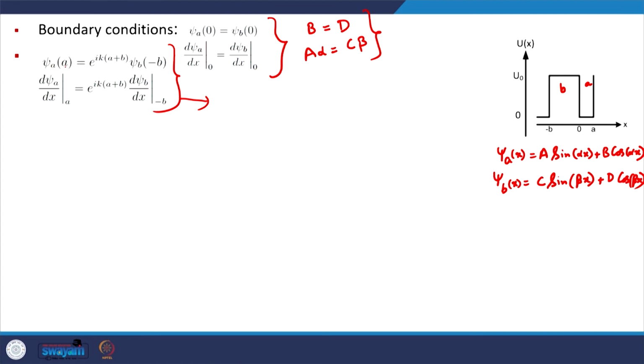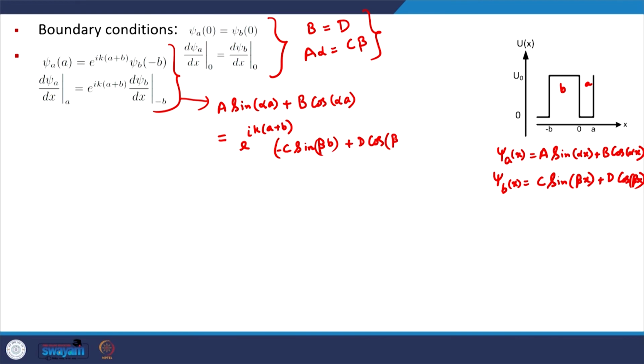If we use psi a at x equal to a, it will be a sin alpha a plus b cos alpha a, that should be equal to exponential i k (a plus b) times psi b at x equal to minus b, which would be c sin(minus beta b) plus d cos beta b.